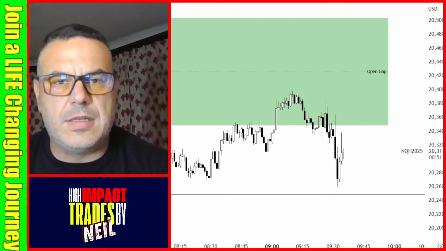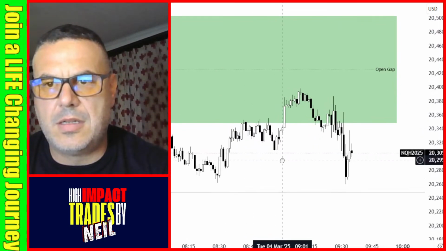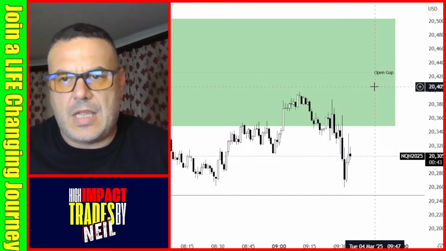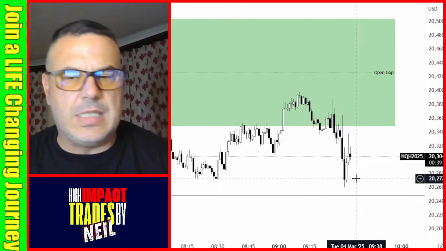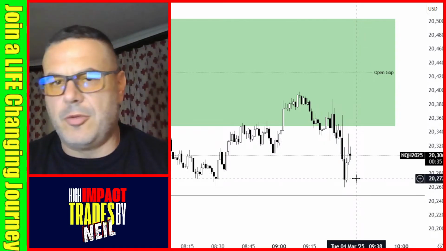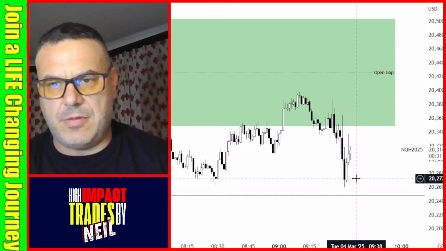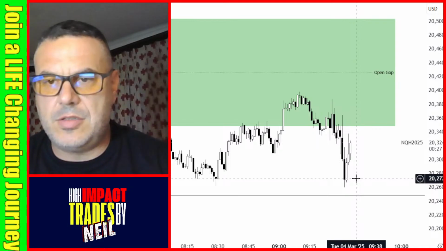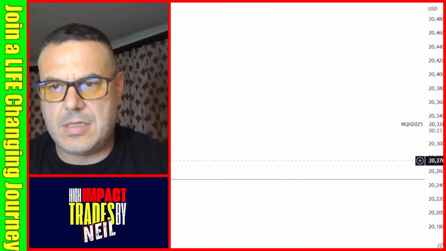Alright, for now I'm just gonna keep it here with this opening gap, and then let's see if we can get an opportunity down here to give us some sort of a long. But at this point, momentum's still a bit down, and then obviously we've got those equal lows there. Let's see where this goes.